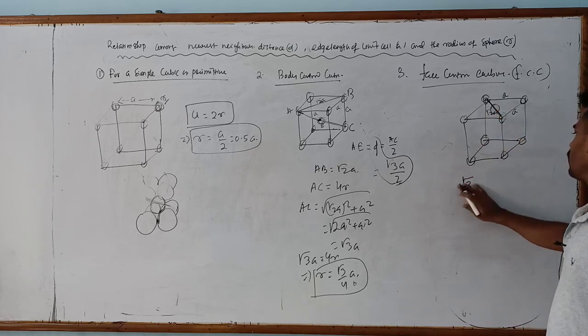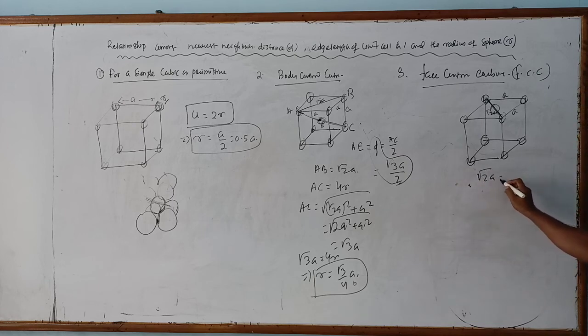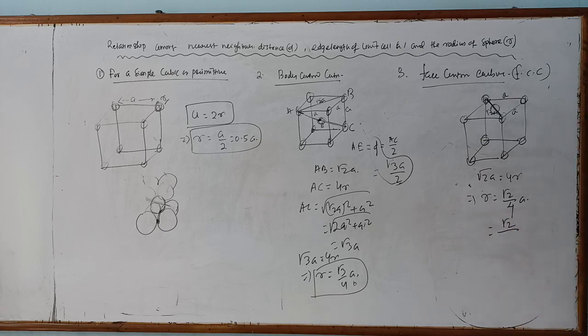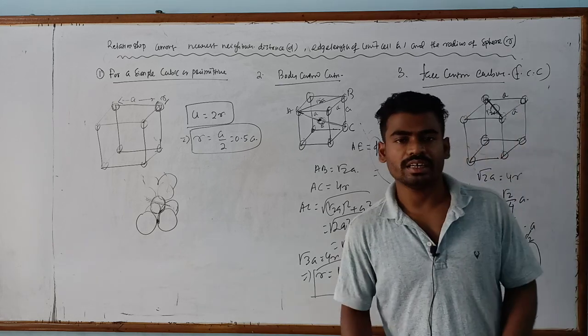That implies R is equal to root 2 by 4 into A. Is that clear? I can write this 4 also as 2 into root 2, so one root 2 gets cancelled. So you are getting A by 2 root 2. So R is equal to A by 2 root 2 in the case of the face centered cubic unit cell.